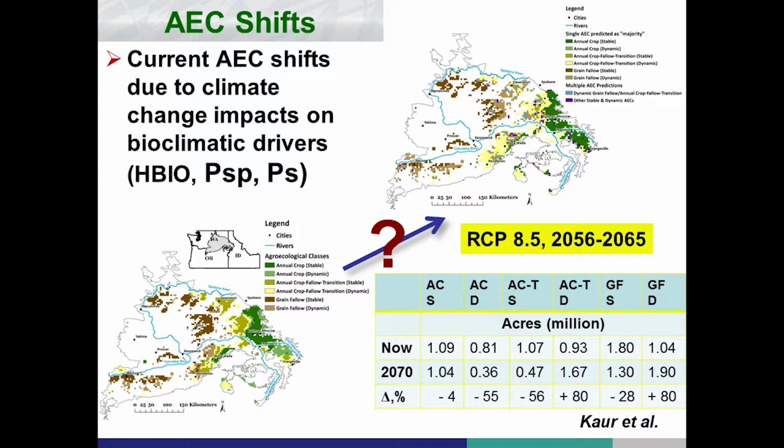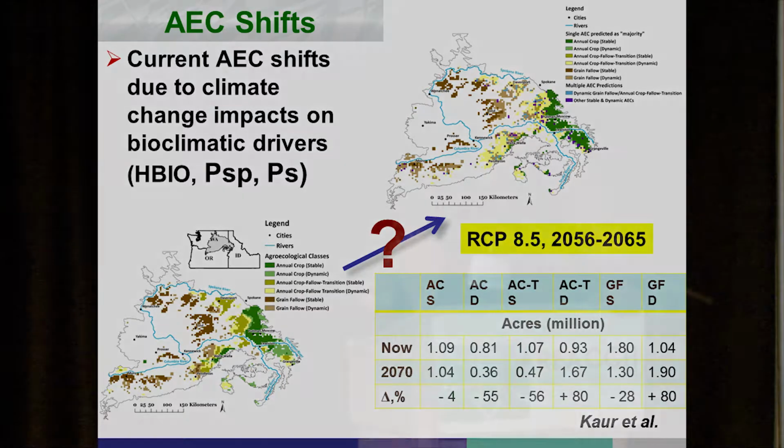And you can see the upshot of all this is that the amount of more dynamic AECs increases tremendously, whereas our stable AECs tend to recede in terms of the amount of acreage that we see. And also that we find more fallow involved in terms of the AECs, in terms of their shift.